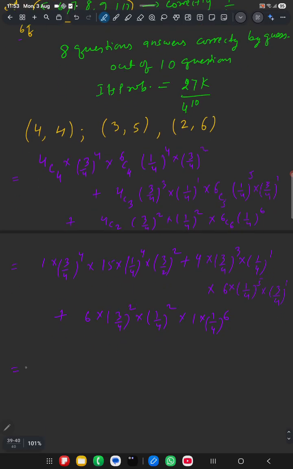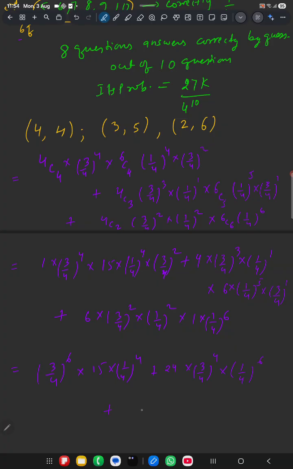Now simplify it. You can see that 3 power 4 is coming. How many times in the first case? This is 4. So 3 power 4 is coming in the first case 6 times, into 15 into 1 by 4 power 4. In the second case, 4 sixes are 24, into 3 power 4 coming as 4 times and 1 by 4 coming as 6 times.